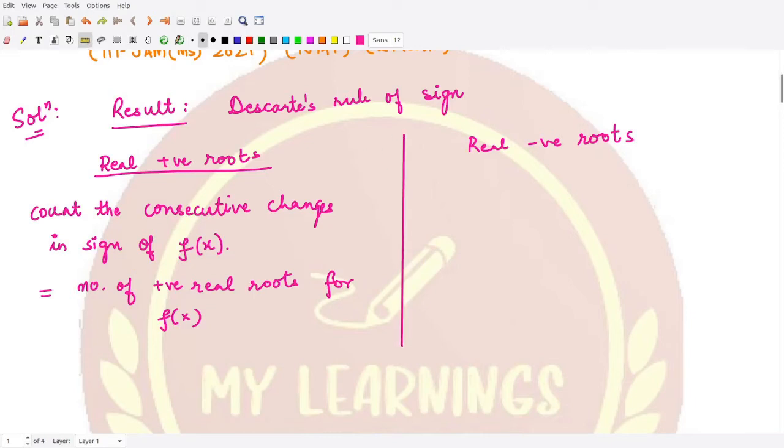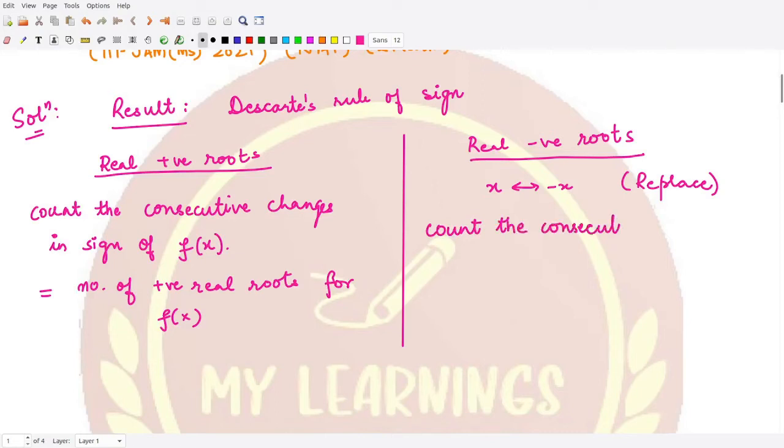Now whenever you want to check the negative real roots, you just have to replace x with minus x. Once you make this replacement, you again have to count the consecutive changes in sign, this time of f of minus x.